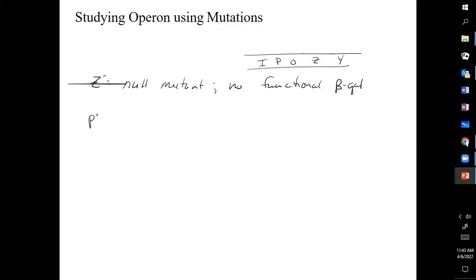And we can also have a Y- mutation. That's a null mutant that results in no functional permease. So these are different mutations to the operon, which helped scientists to understand the full functionality in this operon system, what all the different components do.